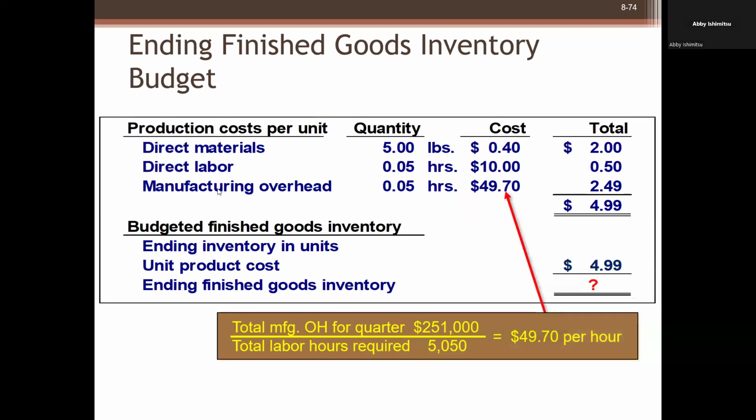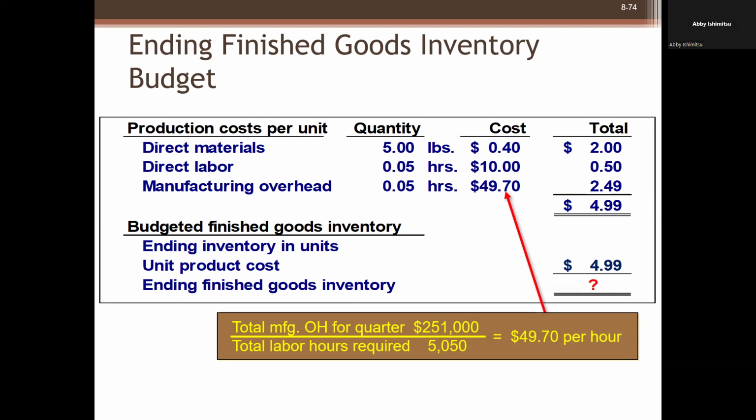Okay, so here's our predetermined overhead rate, $49.70. And we're using labor, so 0.05 labor hours, 3 minutes. So $2.49 of overhead. So our cheesecake standard cost is $4.99.